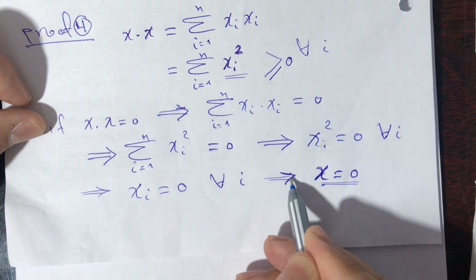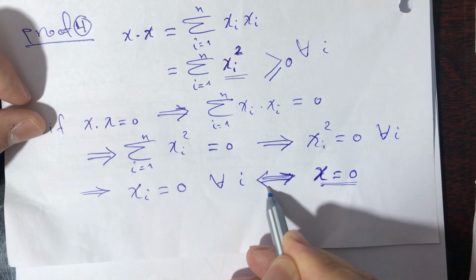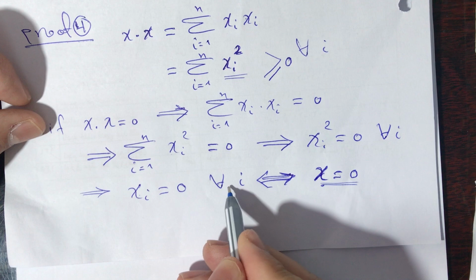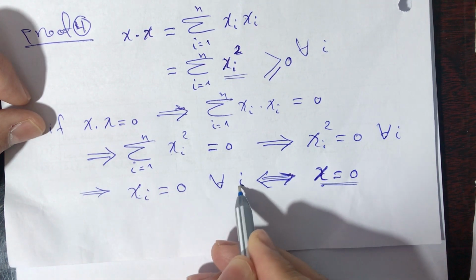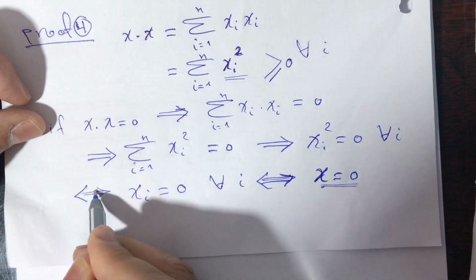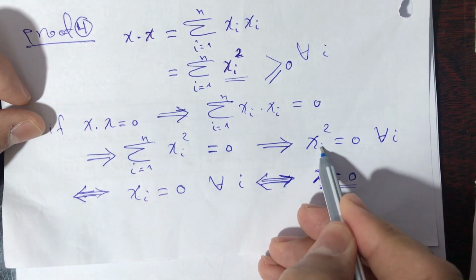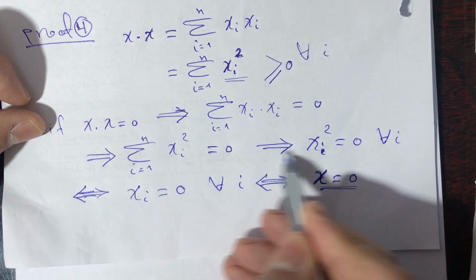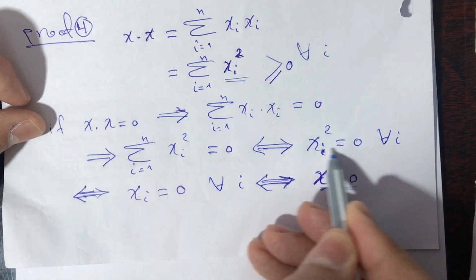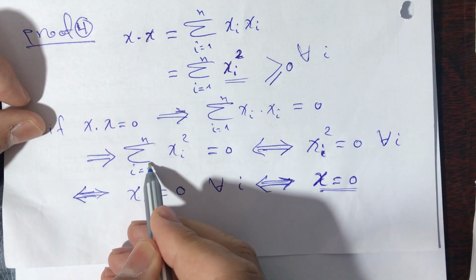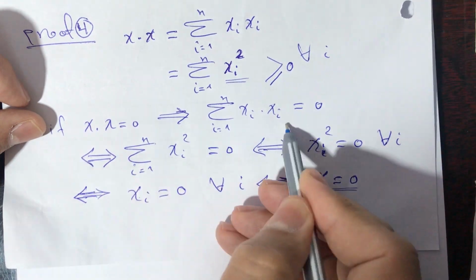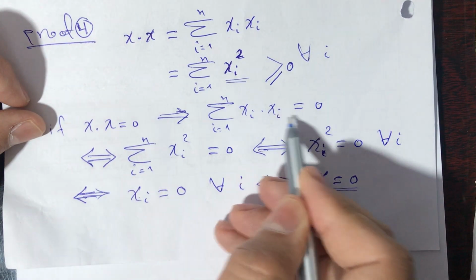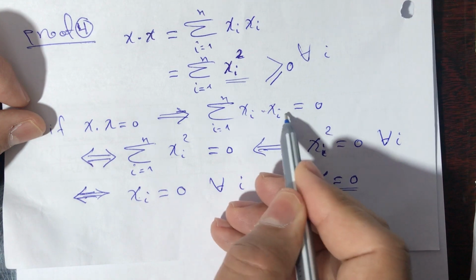And the opposite side: if x equals 0, that implies x_i equals 0 for all i, which implies that the summation of all of them will also be 0, and this implies summation x_i dot x_i equals 0 times x_i equals 0.